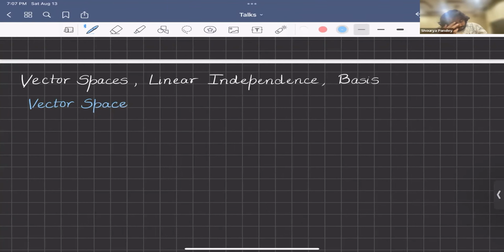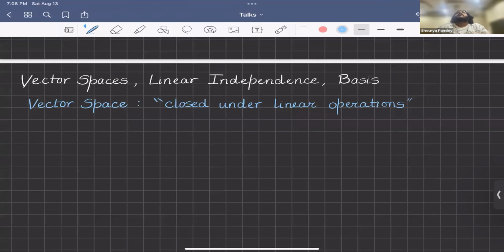It's a space that's sort of closed under linear operations. Let's be more precise about what we mean.